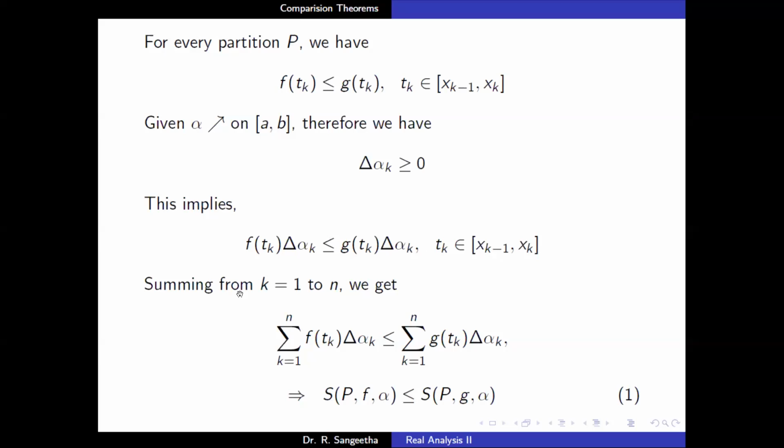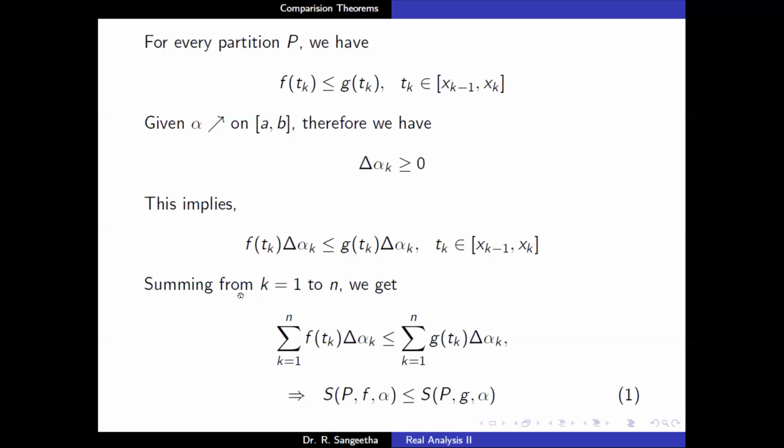Therefore, we sum this inequality from k equal to 1 to n. So we can write f of t1 into delta alpha 1 is less than or equal to g of t1 into delta alpha 1, and so on, up to f of tn into delta alpha n is less than or equal to g of tn into delta alpha n. Now sum vertically all these terms on the left hand side and right hand side.